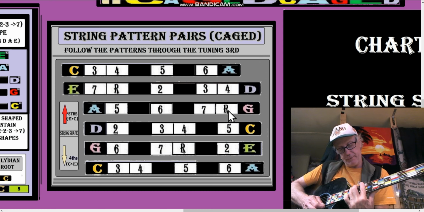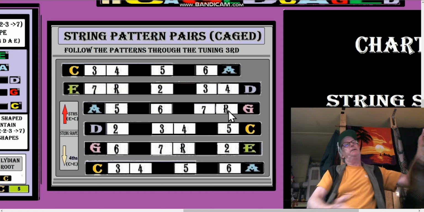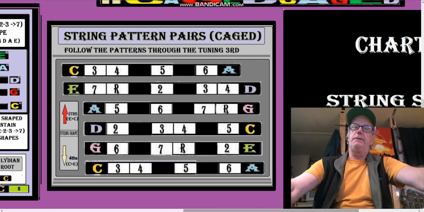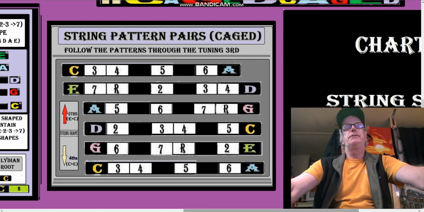This is a G-shaped C. I confuse that, and it's important to remember what key you're in, so then you're just doing the different shapes in the same key.